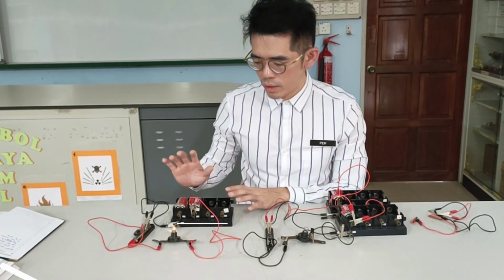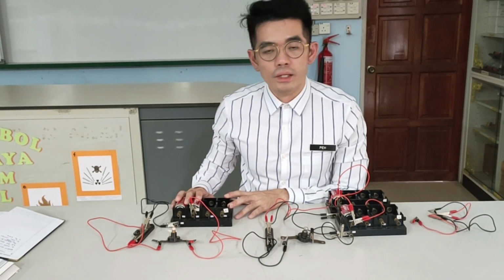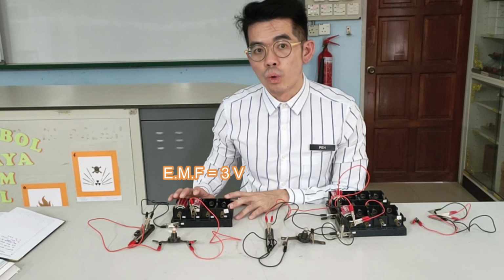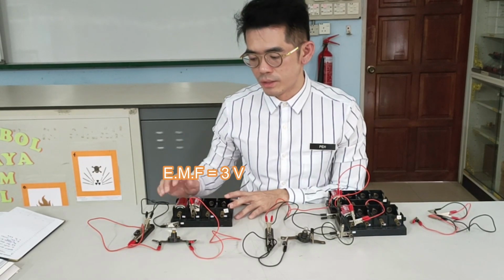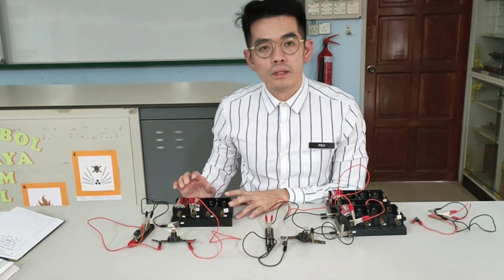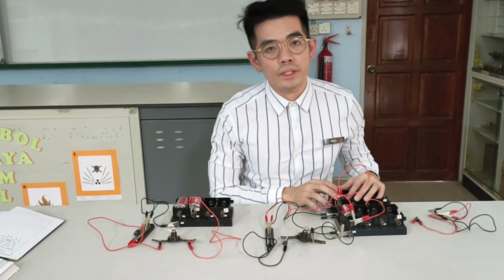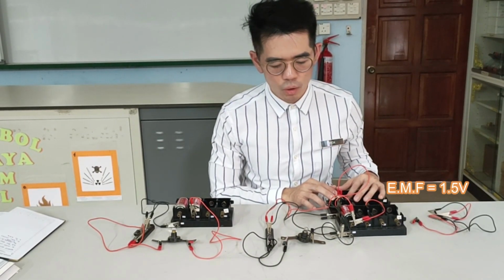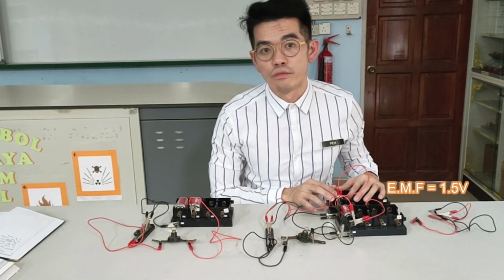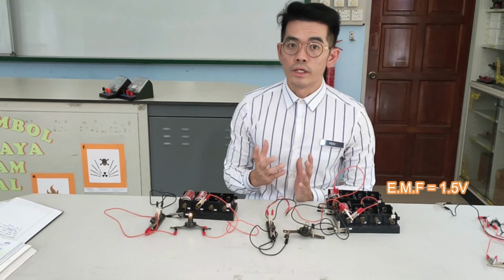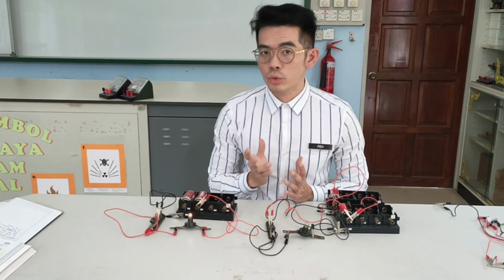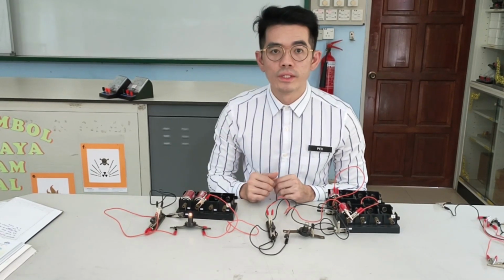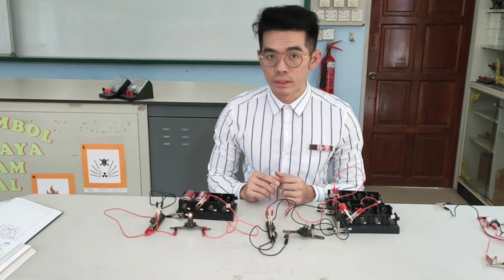So the E.M.F here for the series circuit will be about 1.5 times 2 batteries. The other side here will only be considered as one battery power supply, which is only 1.5 volt.